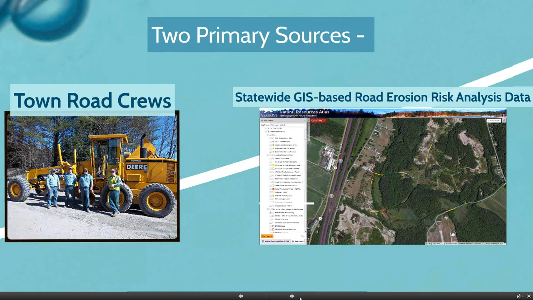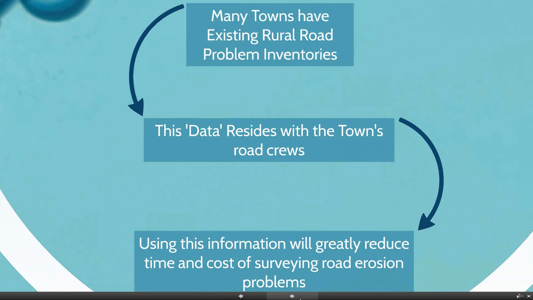Oftentimes it's really just the local knowledge of working on the same road network for 20 years. And so the challenge, I guess, is to extract that information. It may not be in the format of a formal report, but using that information will save you a lot of time in the future by steering you initially to where those problem areas are located.